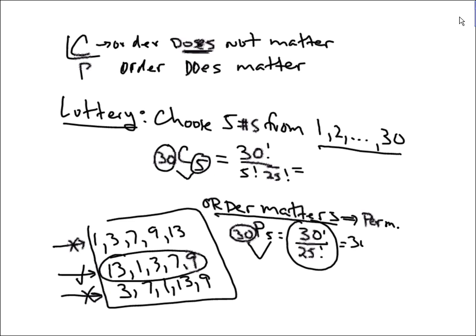It will be 30 times 29 times 28 times 27 times 26 times 25 all the way down. But that's going to be killed off by the 25 factorial in the bottom.